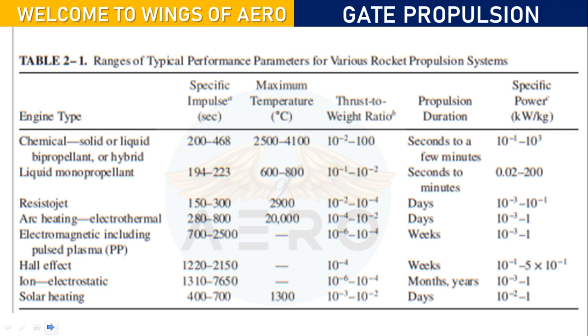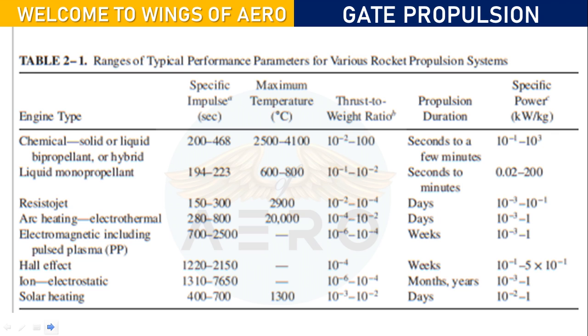Then followed by solar heating or the solar cell rocket propellant. Then we have our chemical. Among the chemical, the liquid propellant has the next priority, then followed by the solid, then the hybrid, and at the end the liquid monopropellant. This is the sequence it will follow for specific impulse. Clear?